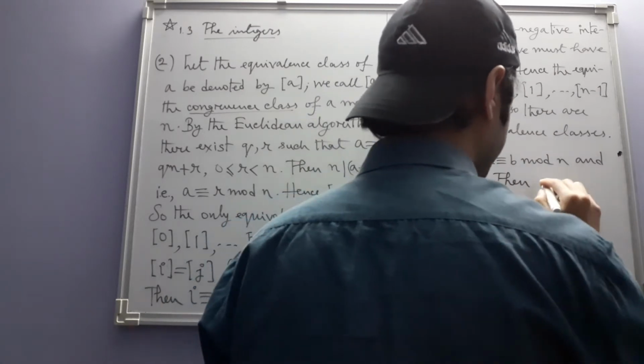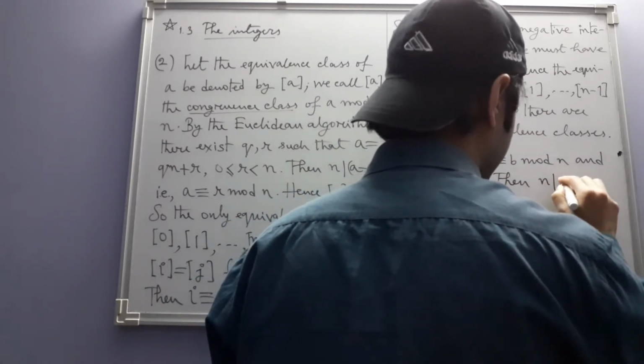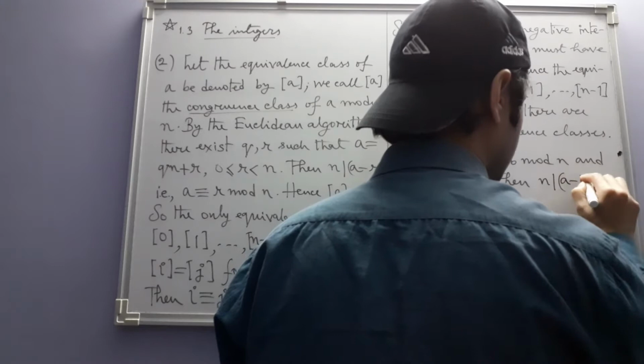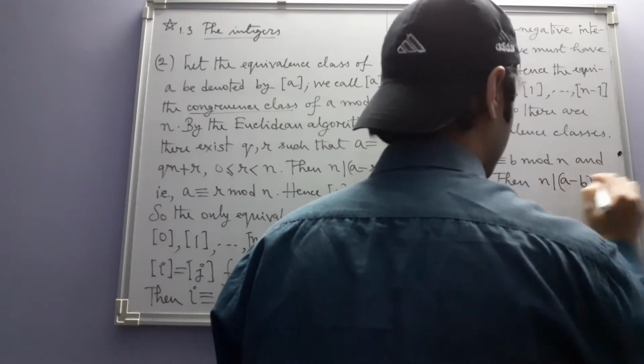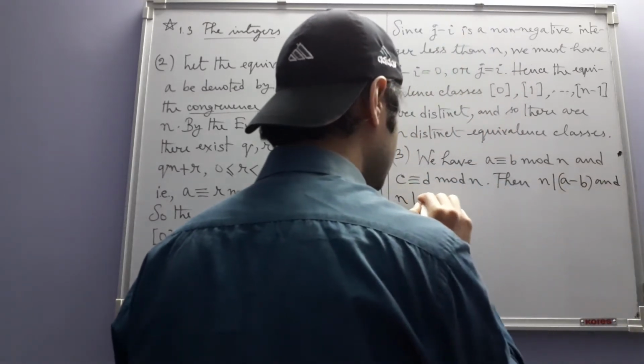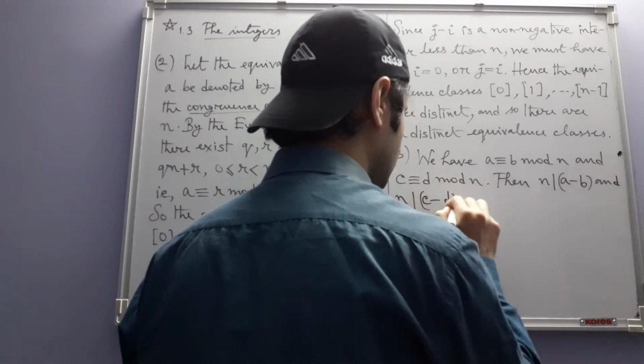Then n divides A minus B and n divides C minus D.